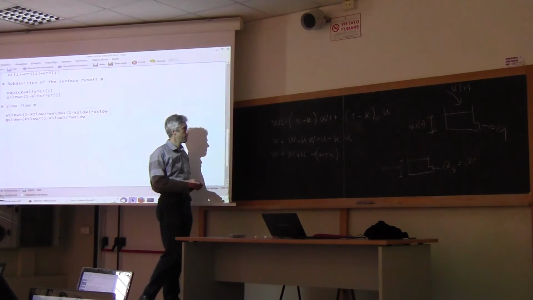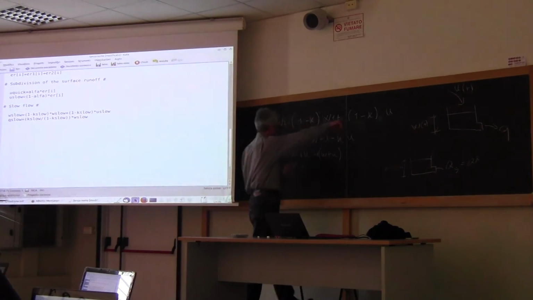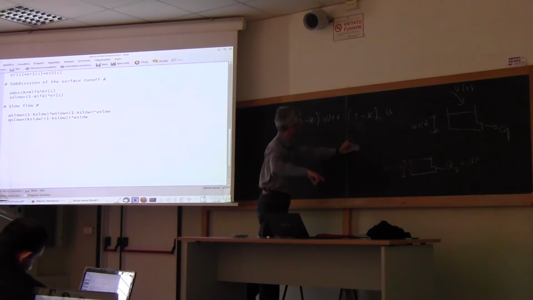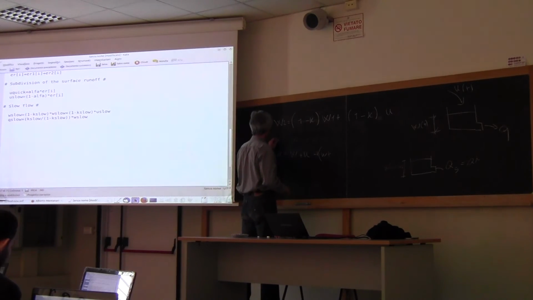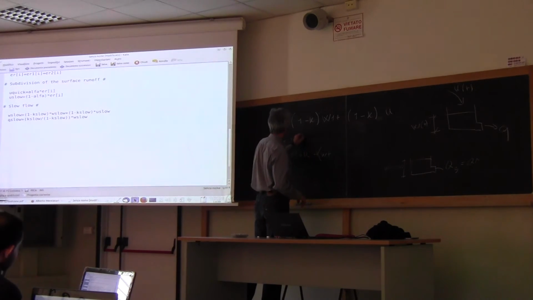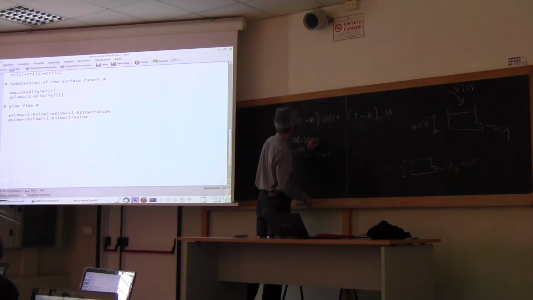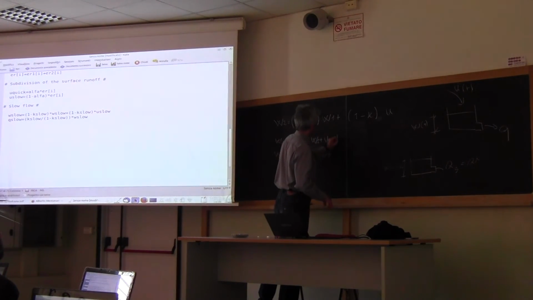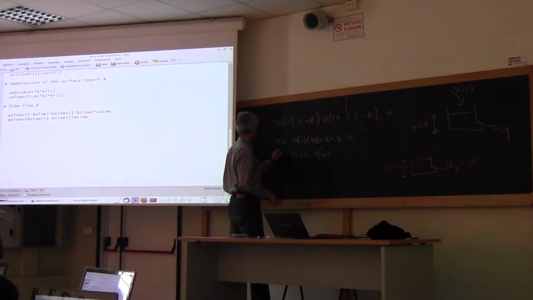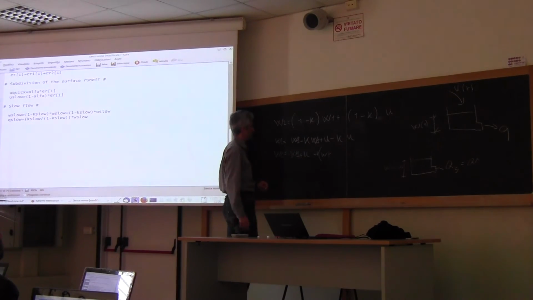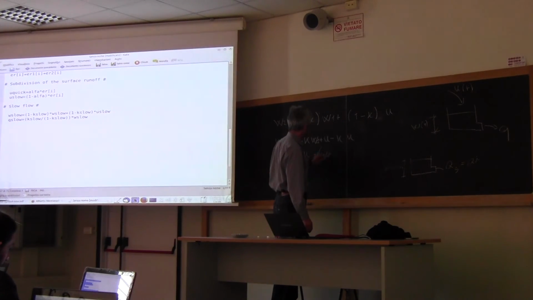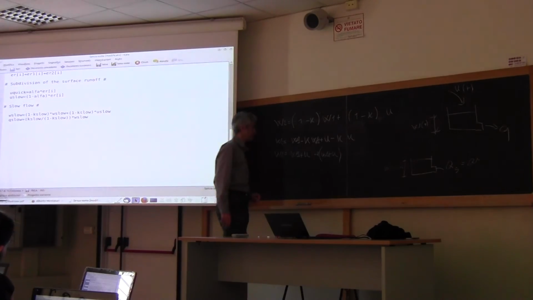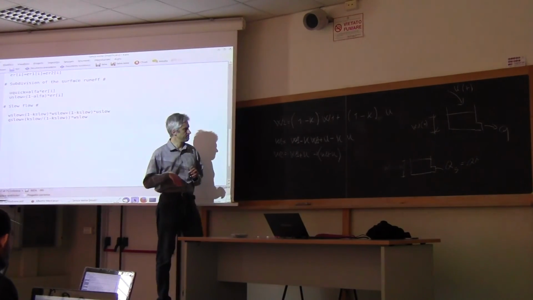Okay. Let me keep all of them. W2 is equal to W1 minus K W1 plus U minus K U, and W2 is equal to W1 plus U minus K times W1 plus U.